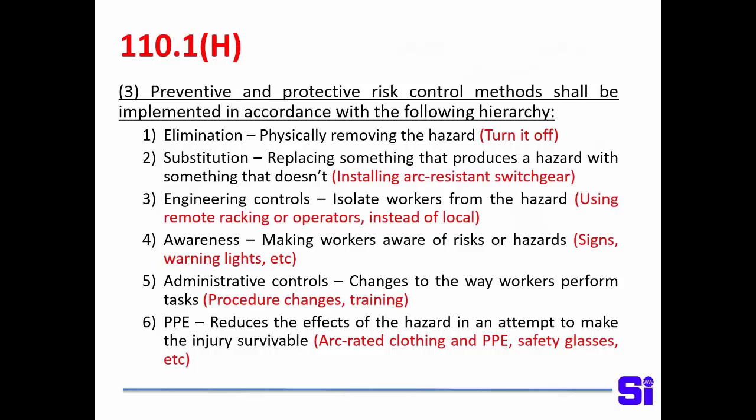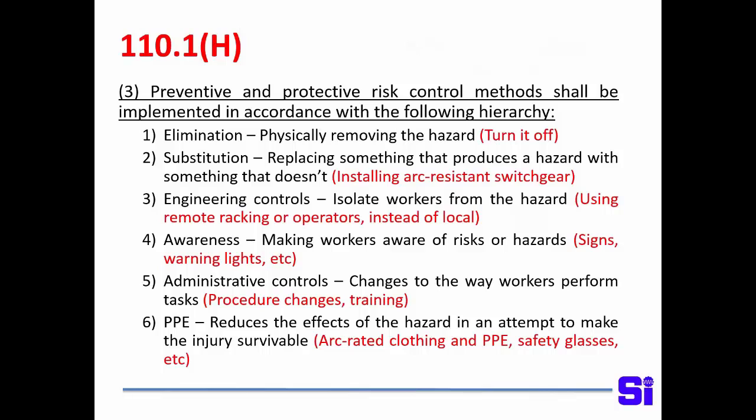Awareness, making workers aware of risk or hazards by the use of signs, warning lights, things of that nature. Administrative controls, changes to the way workers perform tasks. Procedures and procedure changes, changes to processes, training, all become administrative controls. And then you'll notice the very last one, personal protective equipment, reduces the effects of the hazard and attempts to make the injury survivable.